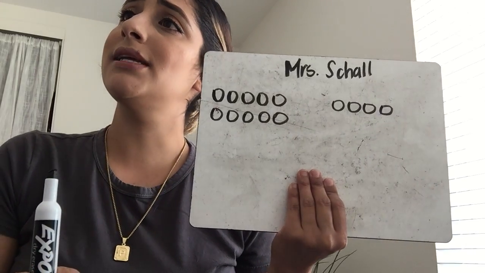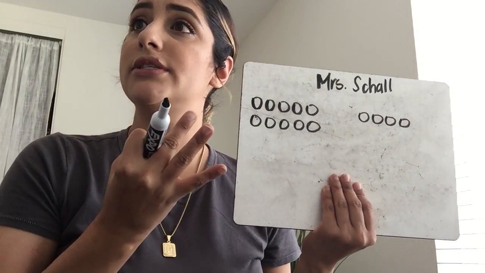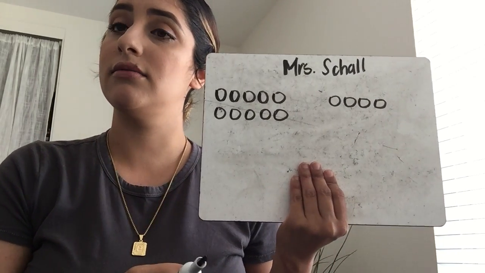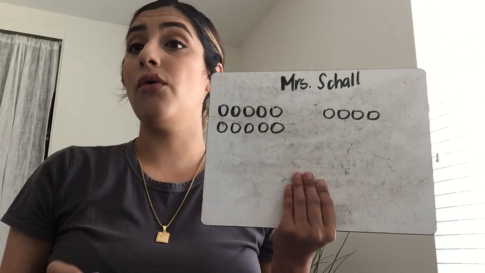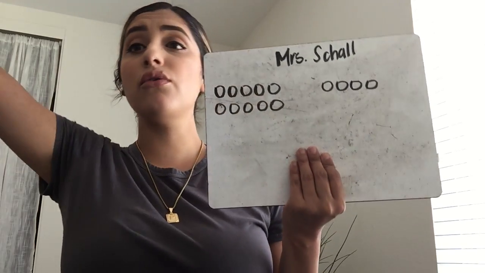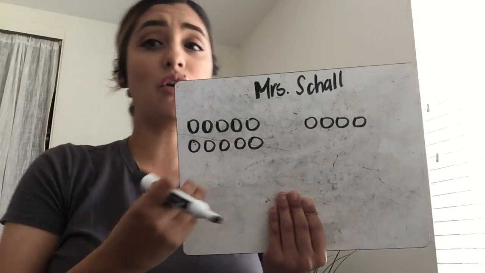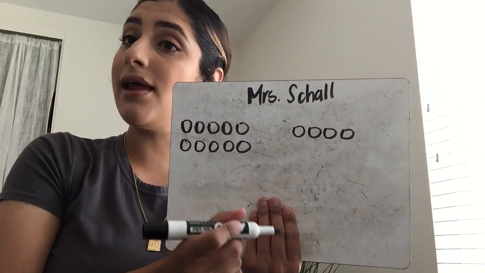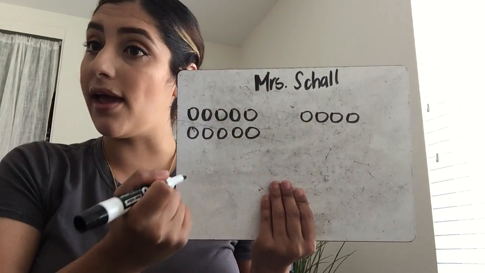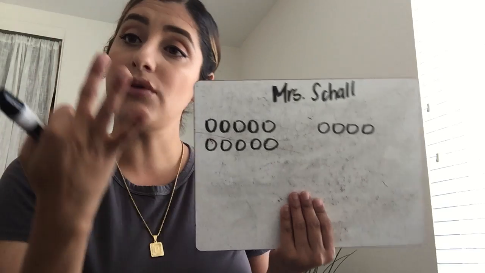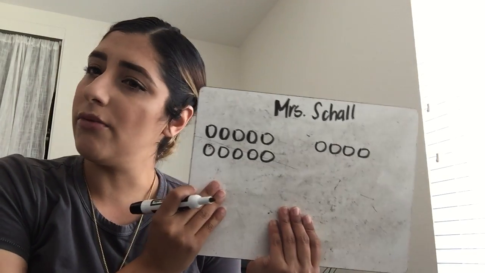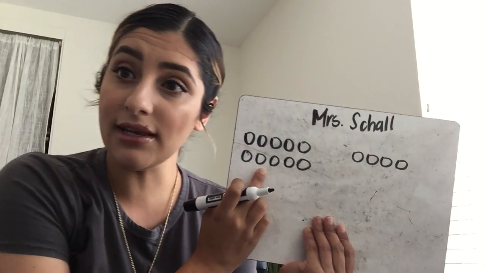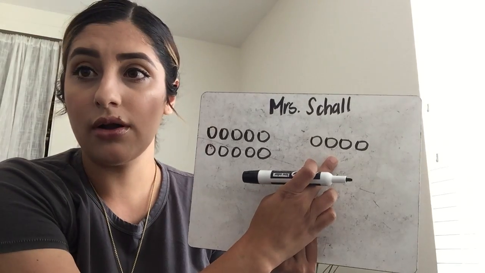It says a few minutes later, 3 of the birds flew away. The birds are leaving, so I'm not going to add more. I'm going to have to take some away because they left. 3 of them. Now I have 10, which is a friendly number, and then I have 4.